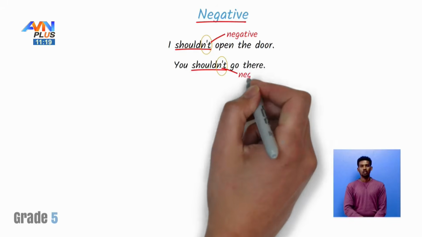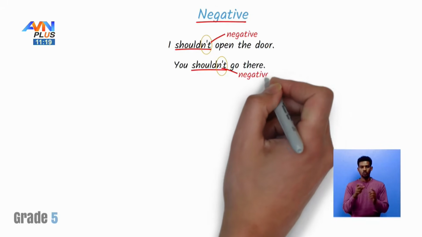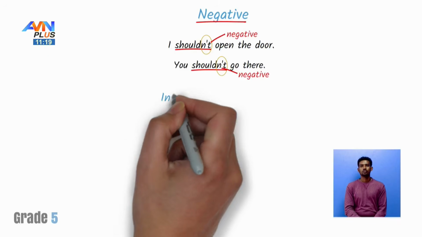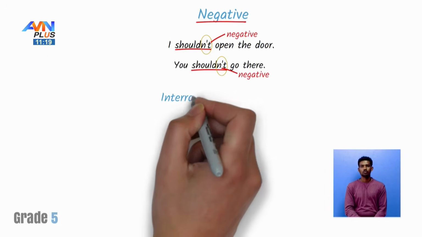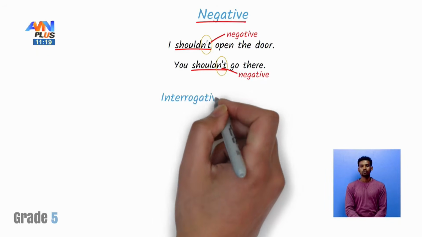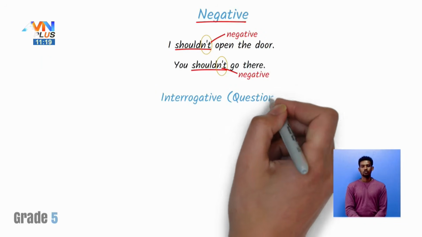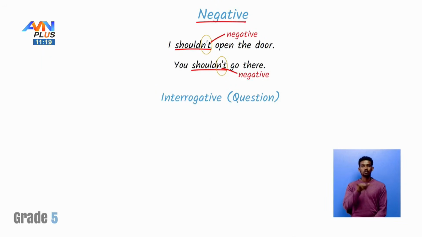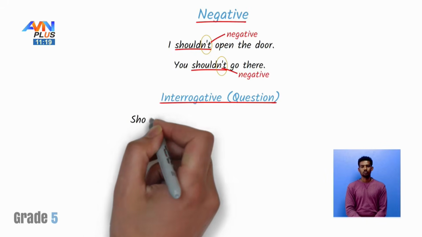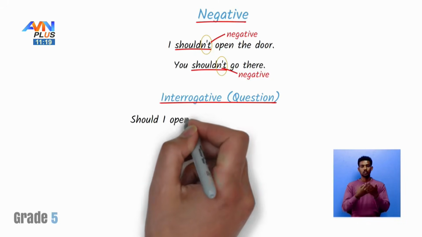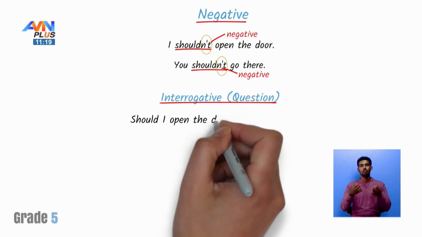What about another concept here? What if it is interrogative? Interrogative means question. Okay? Interrogative means in question form. Look, the form can be derived from the given sentence.